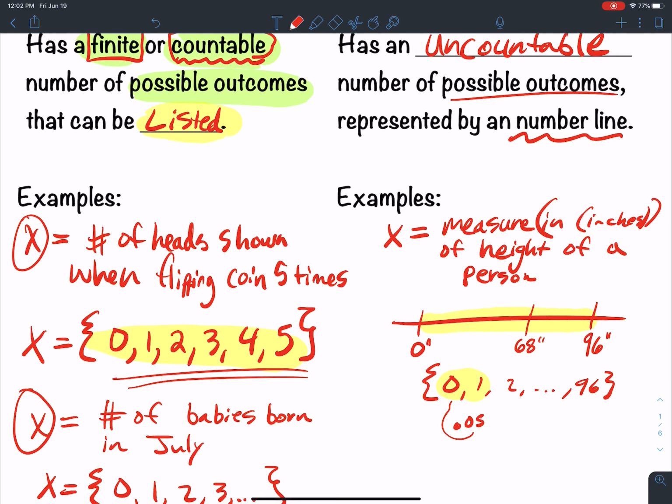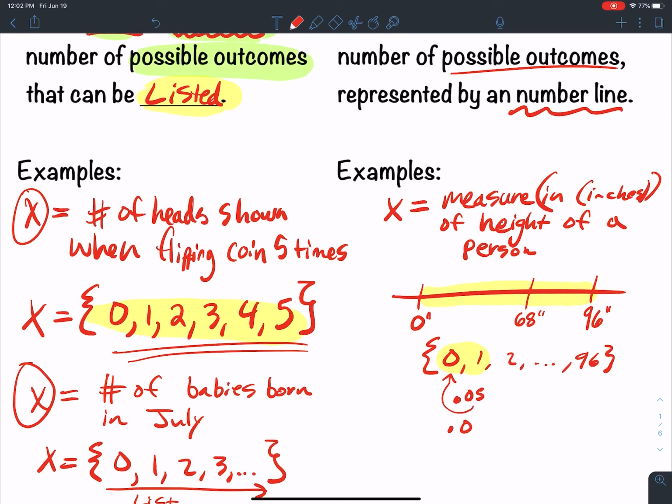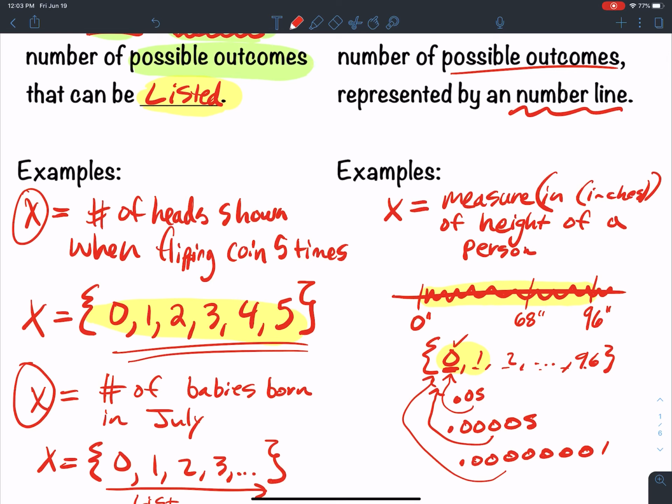Is that the smallest number that's a little bit bigger than 0? No, you could have like 0.00005, right? Guys, you can continue this game forever and ever, and you'll never get the number that's right before 0. That's the idea of continuous. You can list the first one, and you can list intermediate ones, but you literally cannot get the next number after 0. That's why we use a number line to represent how tall all the measures.